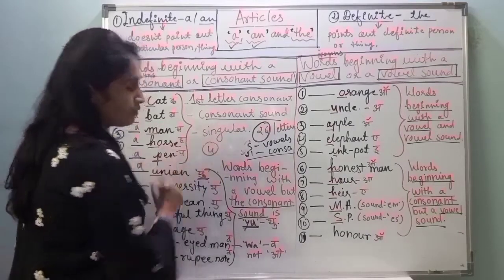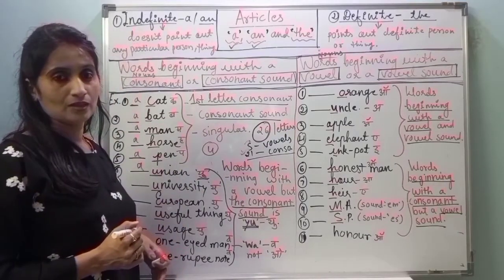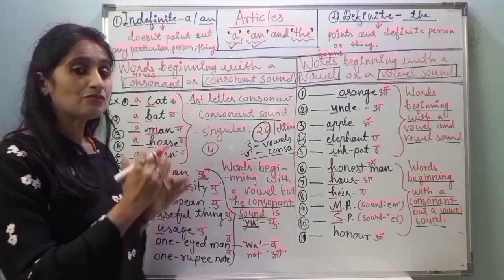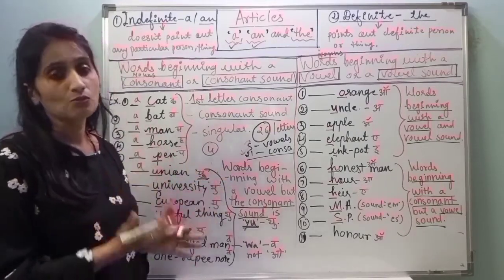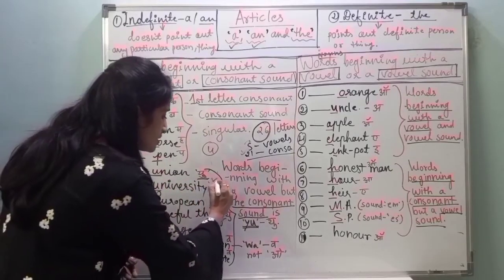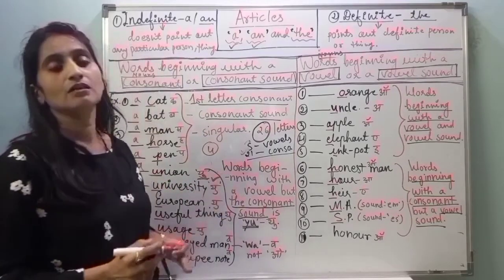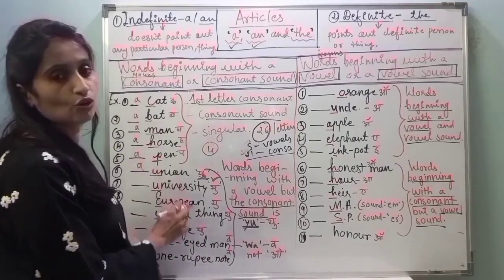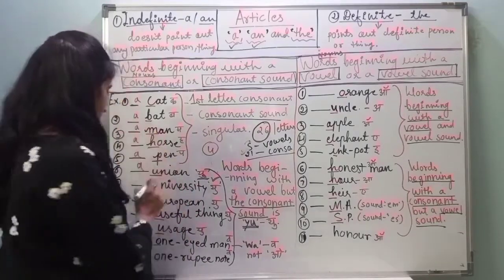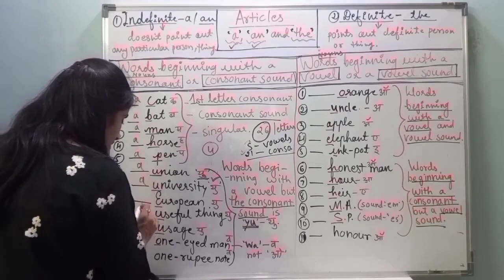Letter U is a vowel, but when we pronounce it as U, it is not a vowel sound. This does not sound as a vowel, and so we have to make use of the article a here: a university.